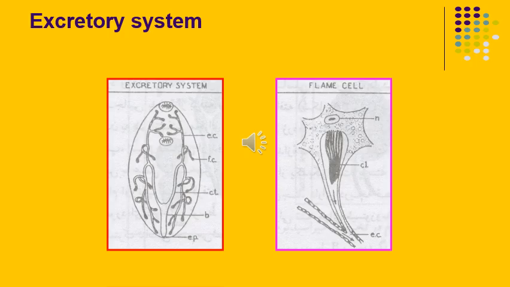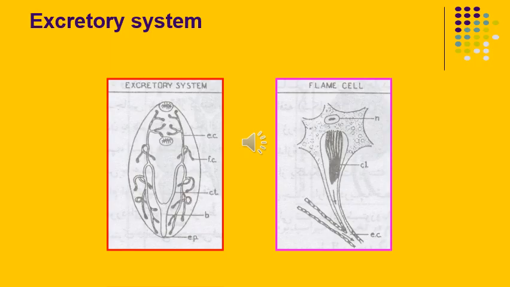The excretory system of trematodes consists of flame cells. These flame cells are located all over the body of the trematode, collecting waste material and transferring it to tubes, which are connected to the bladder, and the bladder is connected to the excretory pore.